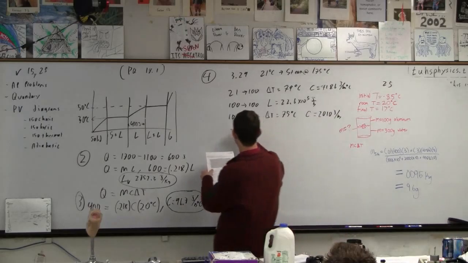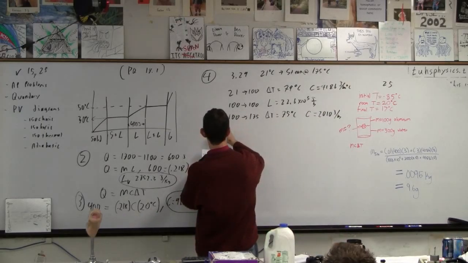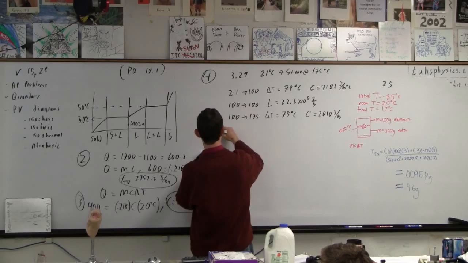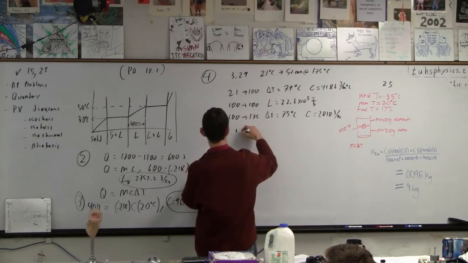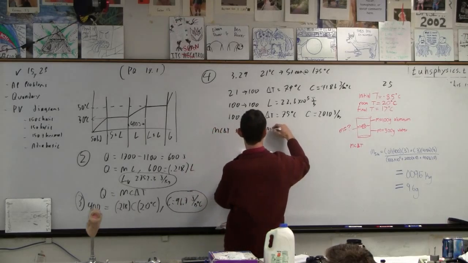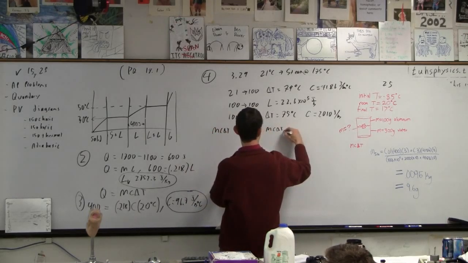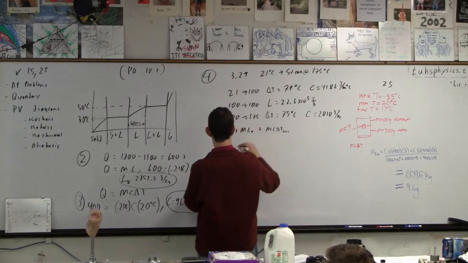Okay. And so this calculation looks like this. I'm just going to go mcΔT for the liquid plus mL plus mcΔT for the gas, right? Okay.